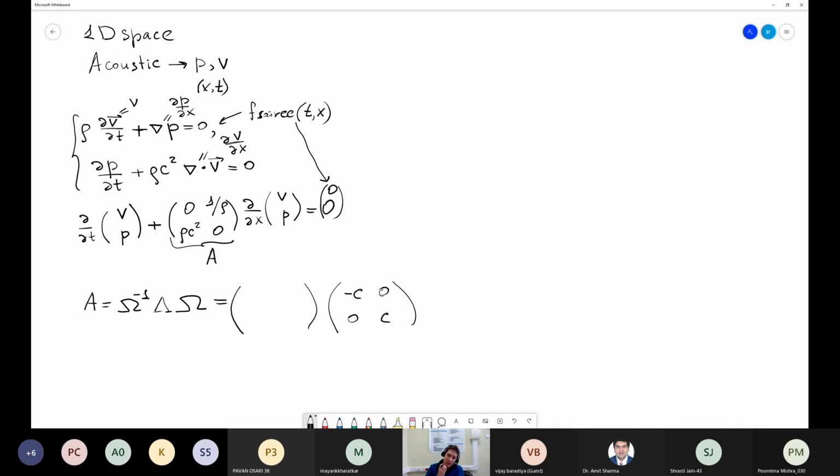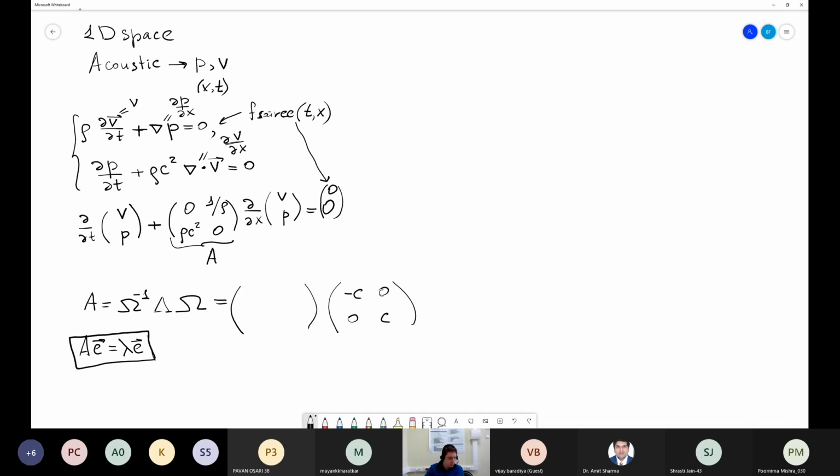These are the eigenvalues of the system: A multiplied by the vector e is equal to lambda multiplied by the same vector e. So -c and +c are the solution of this equation.